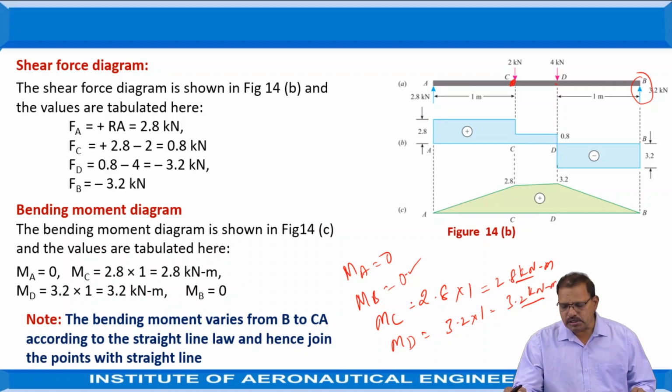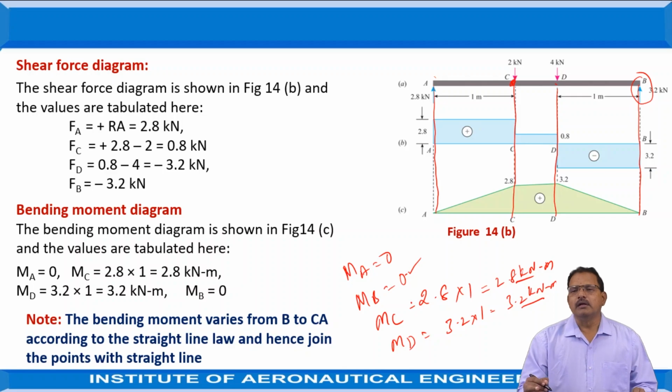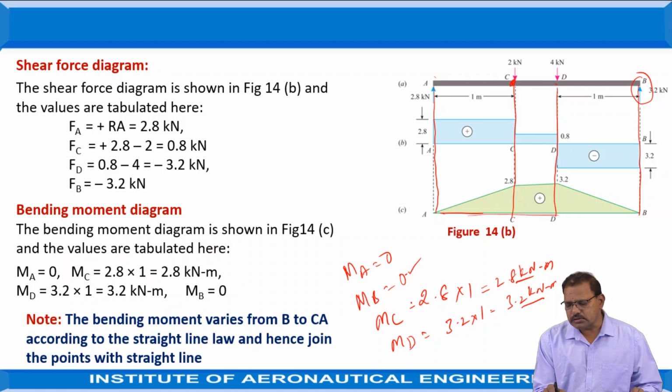Now, in order to draw the shear force and bending moment diagrams, after completion of the shear force diagram, extend these vertical lines still further. Here, at a suitable distance, draw one horizontal line to represent the length of the beam.